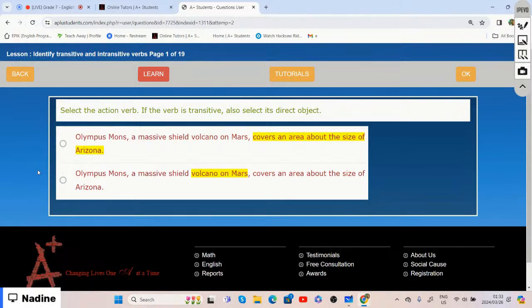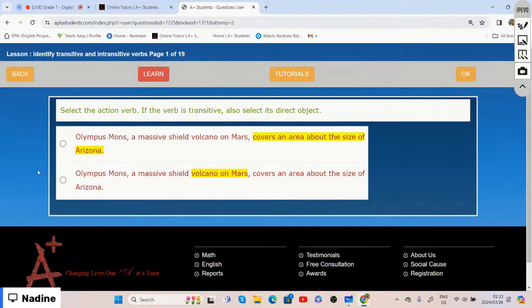So it says Olympus Mons, a massive shield volcano on Mars, covers an area about the size of Arizona. So we need to select the action verb, and only if the verb is transitive, then we also select the direct object.